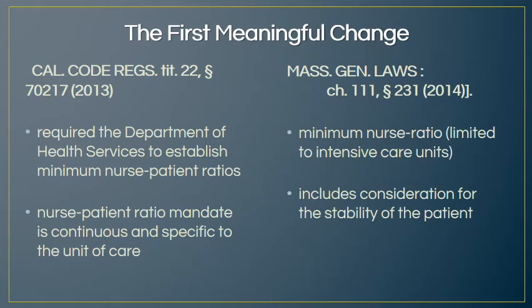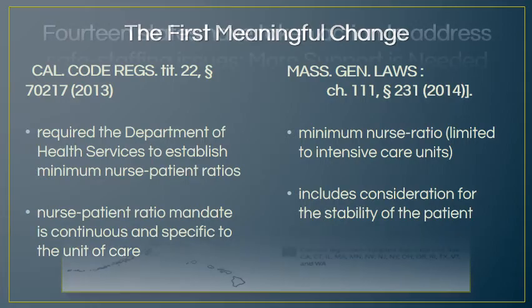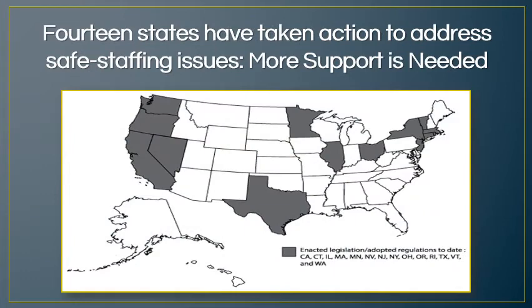The first meaningful change. California was the first state to require minimum nurse-patient ratios. Massachusetts followed with a similar mandate specific to intensive care units. Fourteen states have taken action to address safe staffing issues.